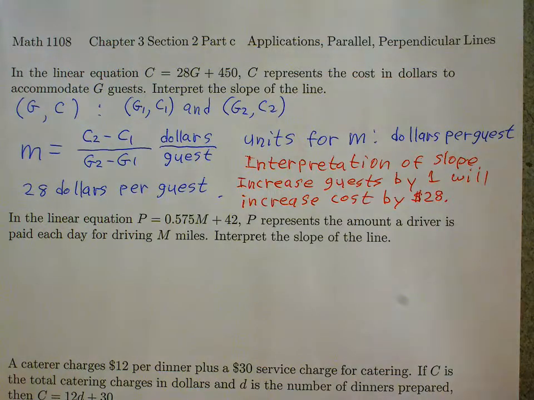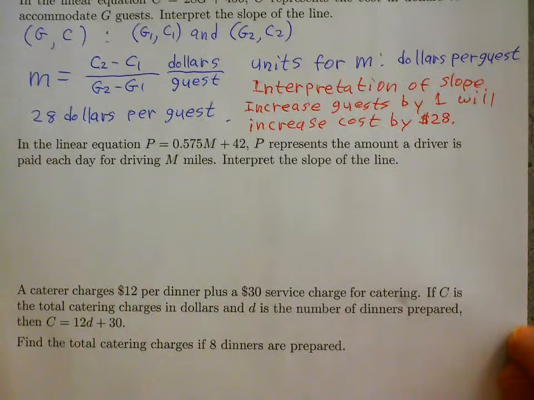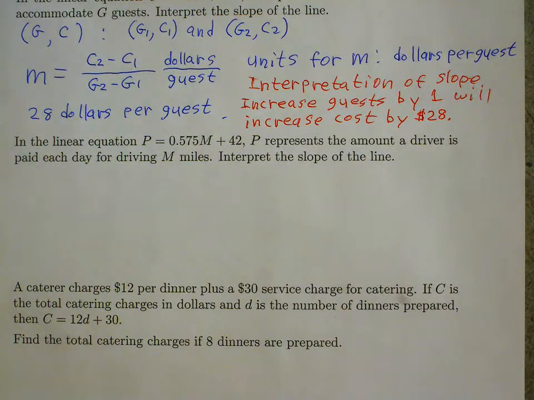Okay, let's look at the next example. In the linear equation, capital P equals 0.575 capital M plus 42. Capital P represents the amount a driver is paid each day for driving M miles.